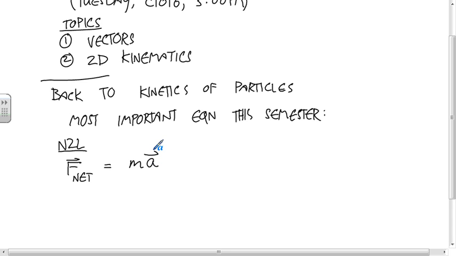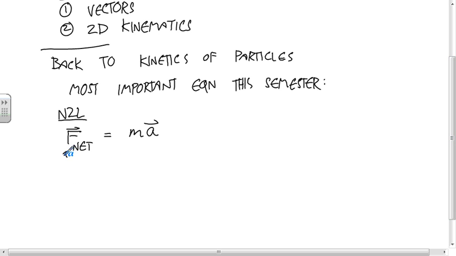But I said that that equation doesn't do you any good unless you know what forces you're talking about. You can't just pick out what forces you want to look at, pick out what object's mass you want to talk about, pick out what object's acceleration you want. These have to have a defined relationship. And so this F net is the sum of all forces on the chosen object.